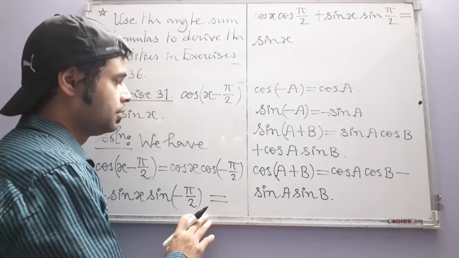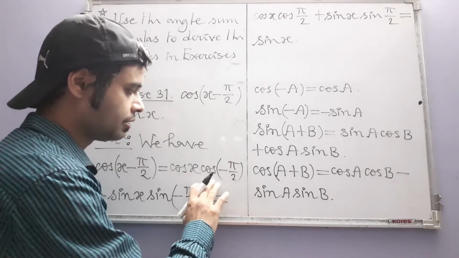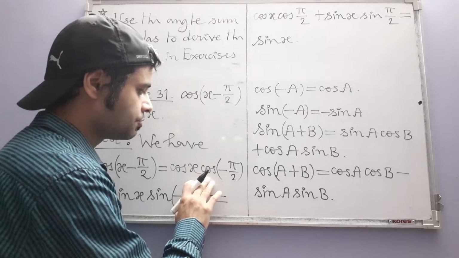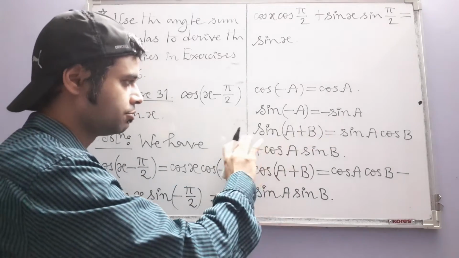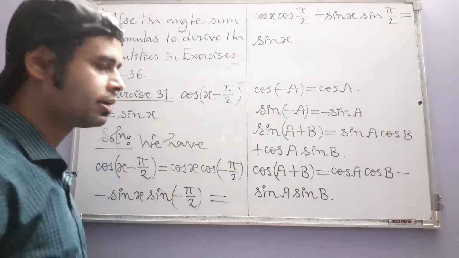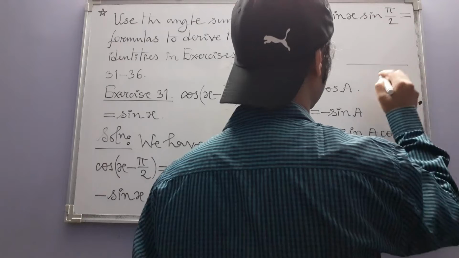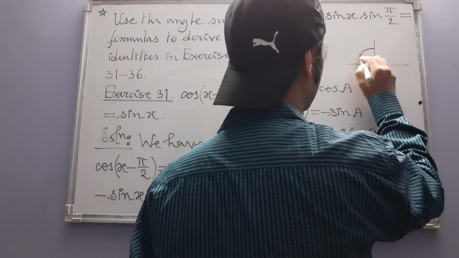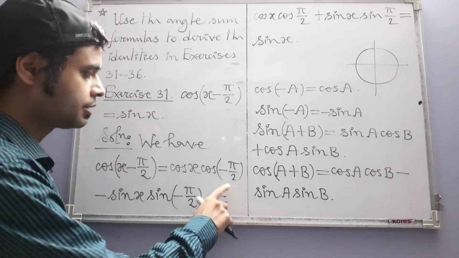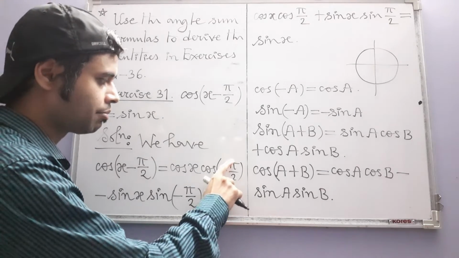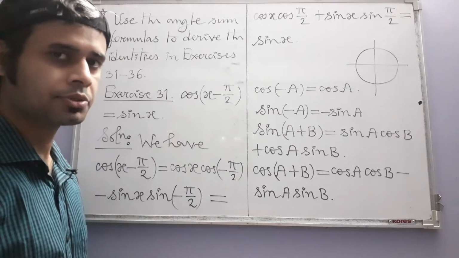Now if you follow the other thing that I said just now, that is without using these things, and you use the actual definition, what would have happened then? This is your unit circle. Okay, so first you have to locate the angle minus pi over 2 radian in its standard position.